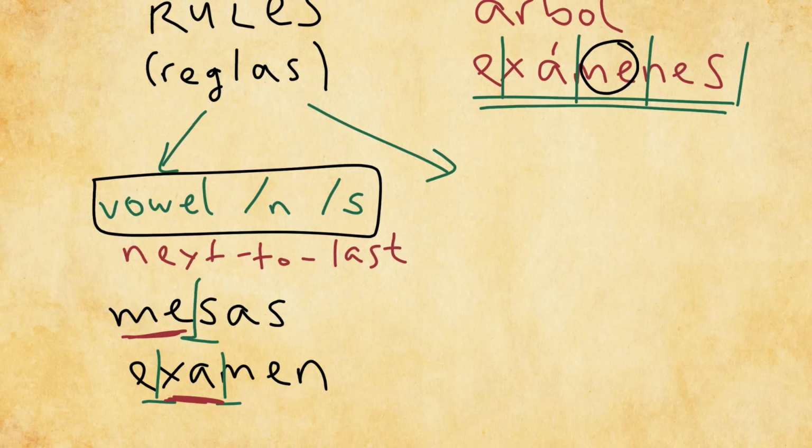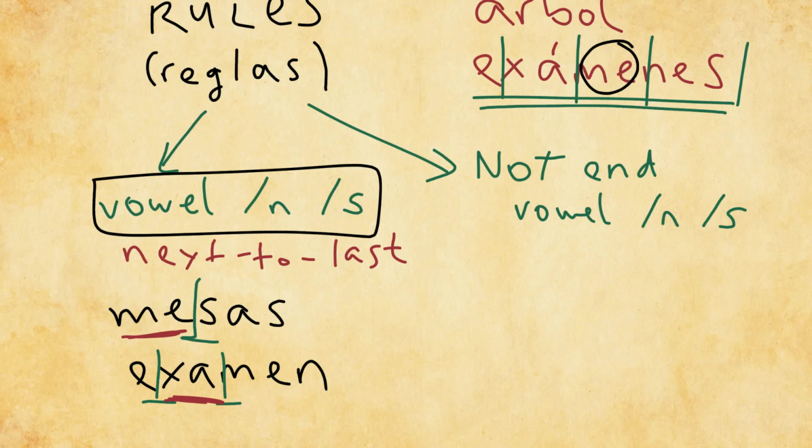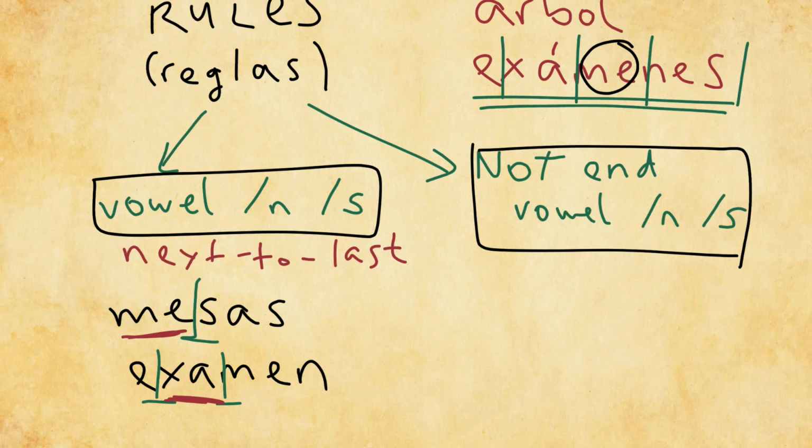And these are words that basically fall into everything that does not fall into the first category. So these are words that do not end with a vowel, N or S. Anything that's not a vowel, N or S, will fall into this second category of the words with rules.